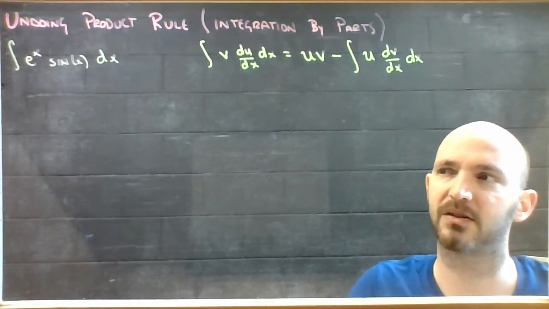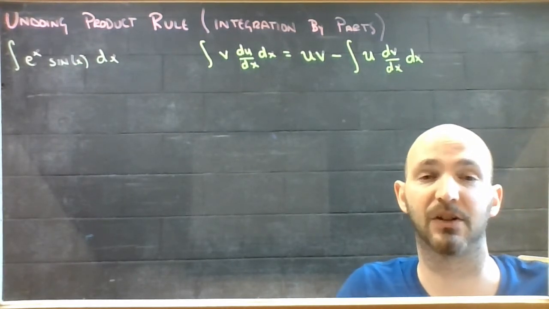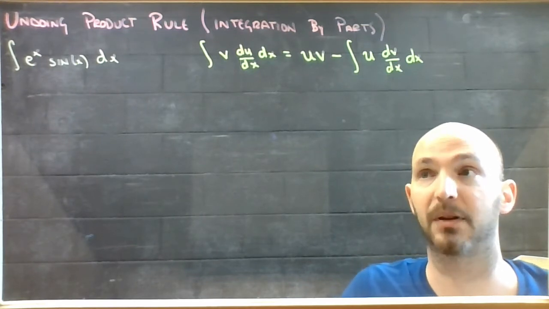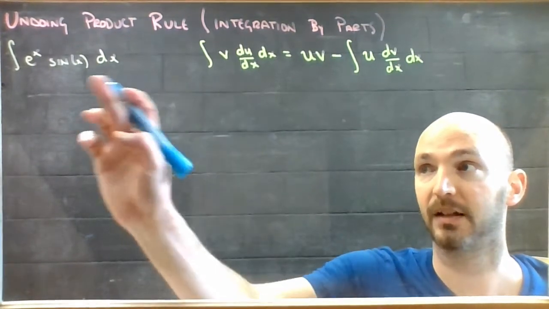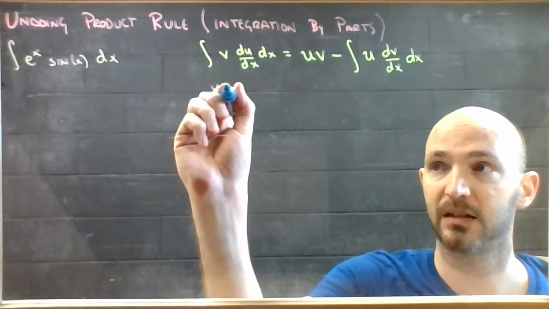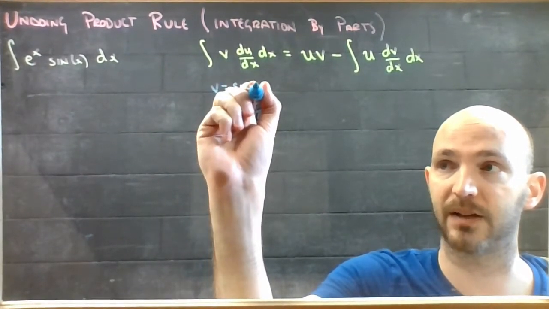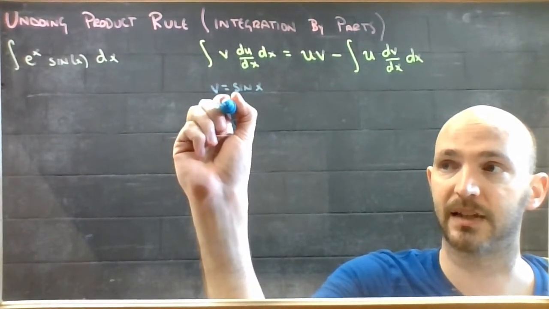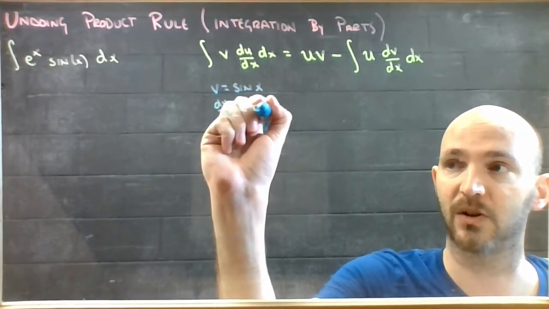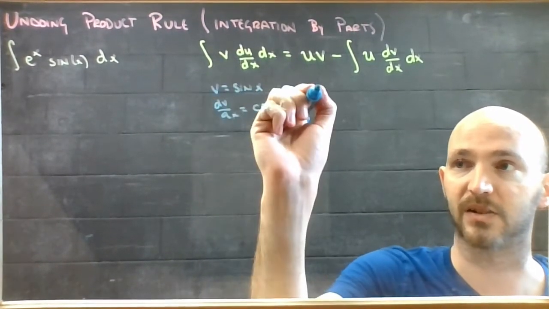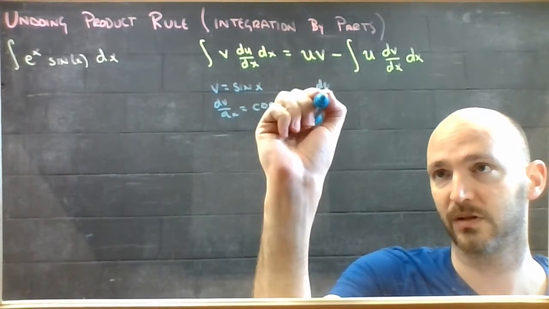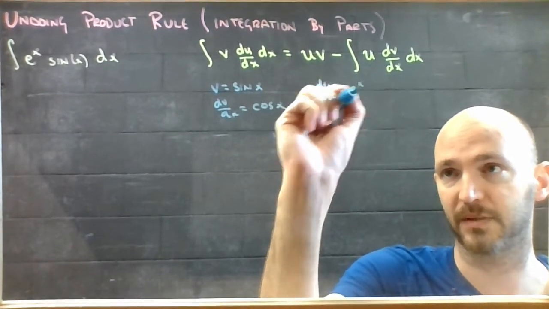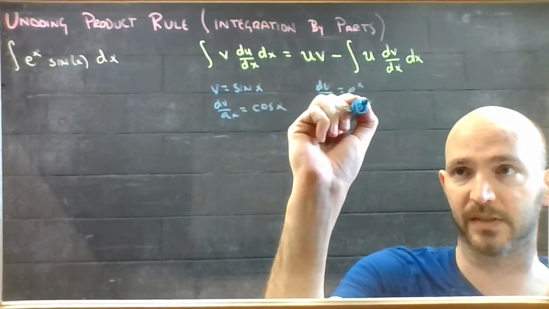So I think it's easier to integrate the e. So I'm going to make it this puzzle piece. I'm going to make v my sine. So if I let v equal sine x, then dv dx would be cos. And so du is the exponential, then u is an exponential itself.